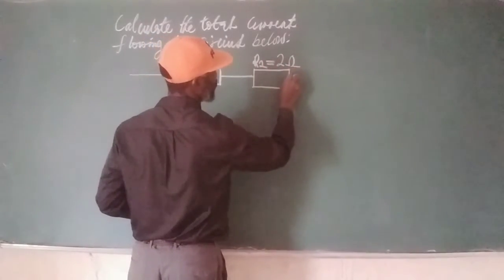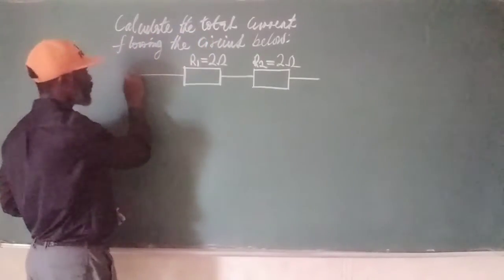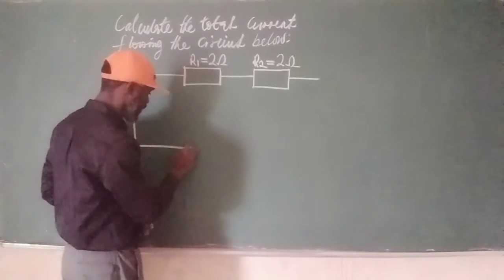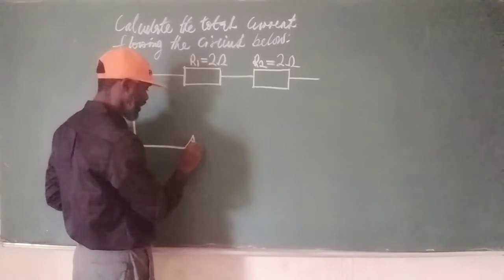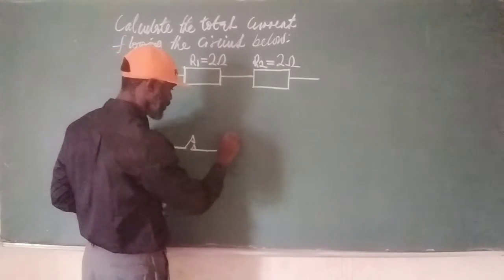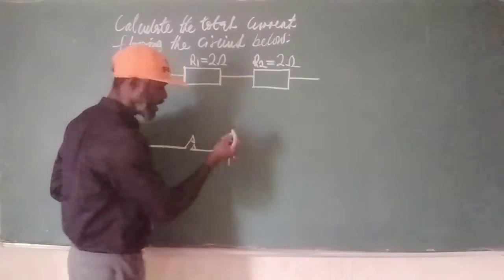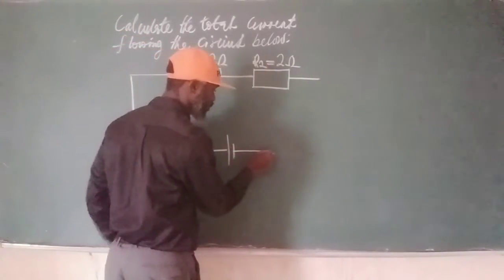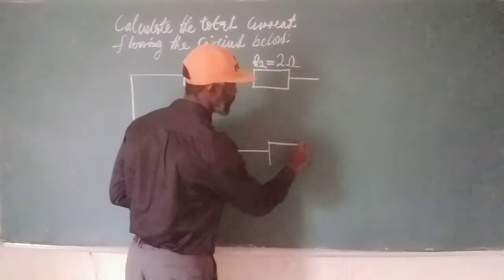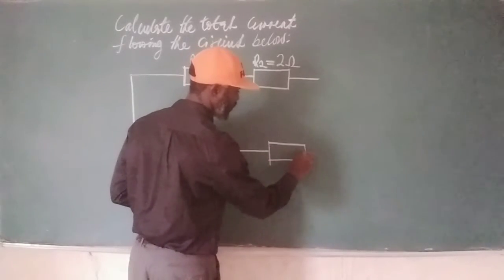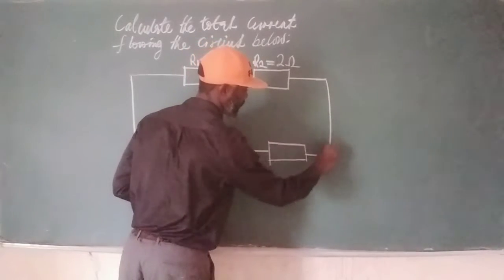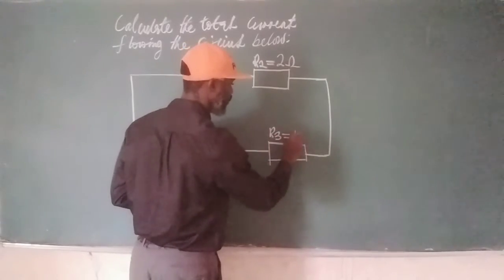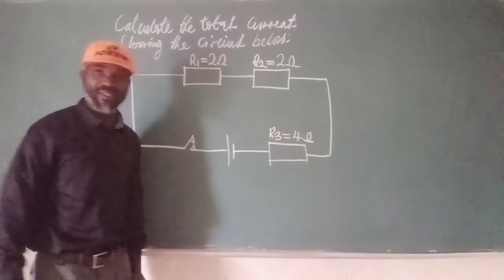Then we have the third one somewhere here. This is the key, and the key is connected to the cell. From the cell, we have the third resistor, R3, offering 4 ohms resistance.